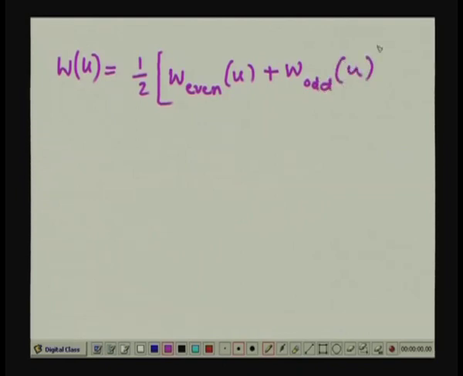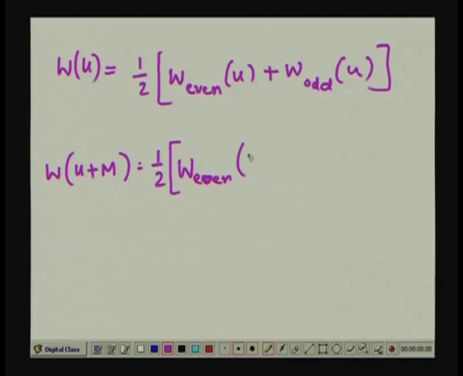I can write W(u) is equal to half of W_even(u) plus W_odd(u), and W(u + M) is equal to half of W_even(u) minus W_odd(u).